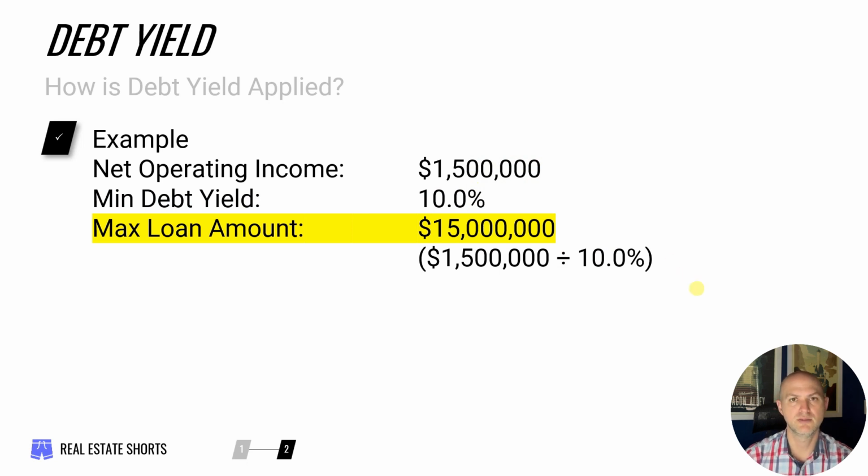So in the same way that higher cap rates result in lower prices, higher debt yields result in lower loan amounts. And this is really important, especially in the climate that we're in today, where lenders are beginning to increase some of their covenants in loans or some of their kind of gating items to make sure that they are being more conservative and that they are lending on properties that can really afford that loan amount.